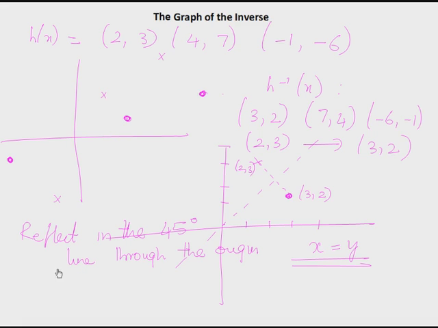A coordinate of the form (a, b) will become (b, a) on reflection. And that's what we want for the inverse. We want the x and y coordinates to be flipped. So finding the graph of the inverse is nothing but reflecting every point on the graph through the line y equal to x. Or in other words, flipping the x and y coordinates of every point.